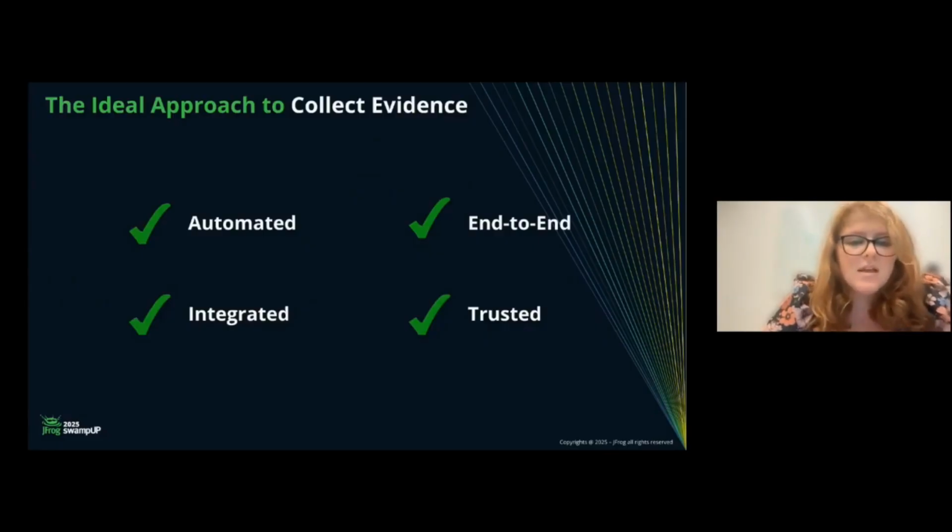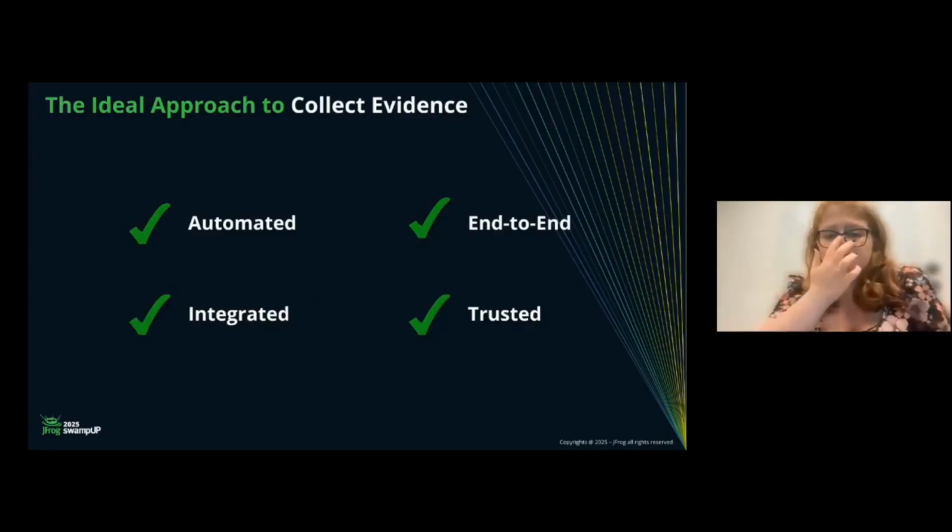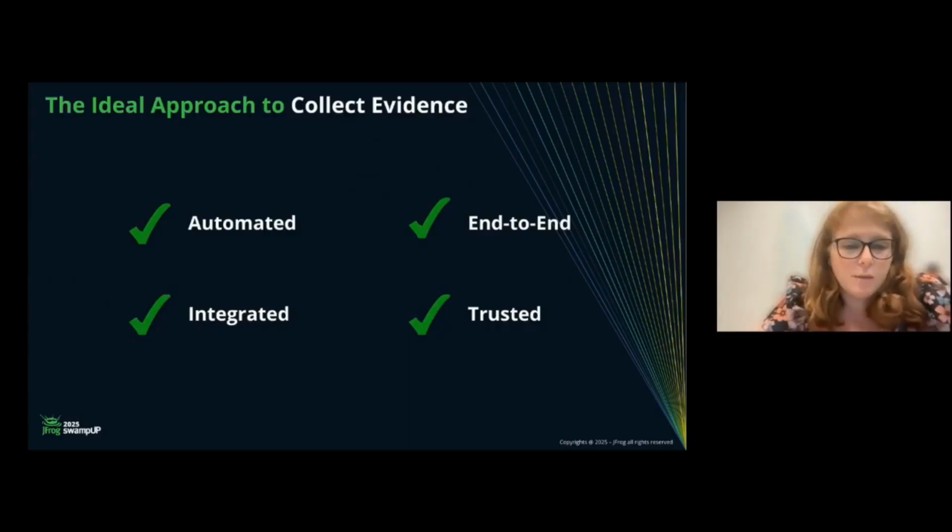But what is the ideal approach to collect evidence? First of all, it needs to be automated, because manual collection is just slow, it is error-prone, and it doesn't scale in the modern DevOps environment. Second, it needs to be end-to-end, because we want to cover the entire lifecycle from your Jira ticket, as we just saw, up until you deploy your code, to create the same unbroken chain of custody we just mentioned before.